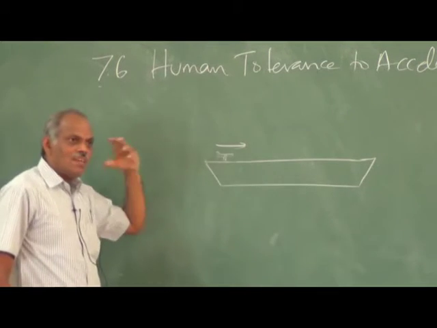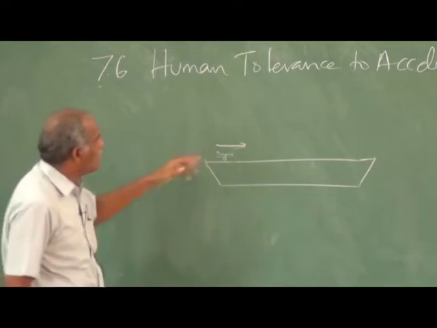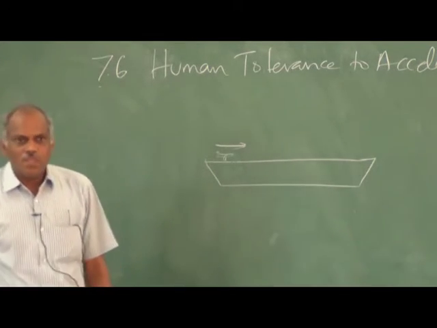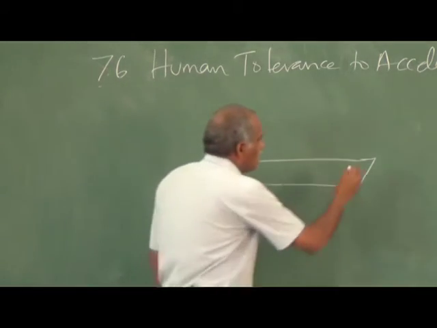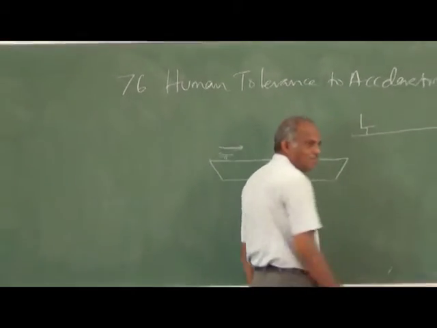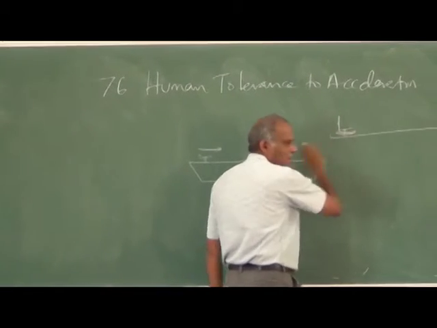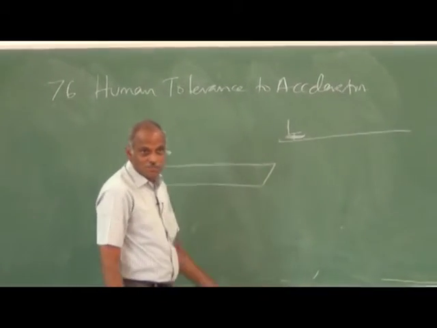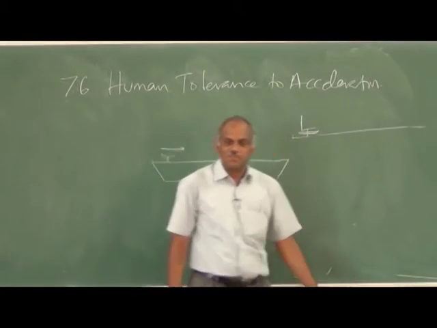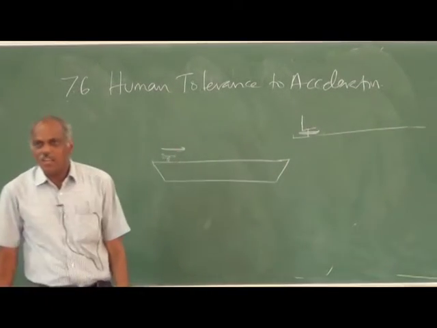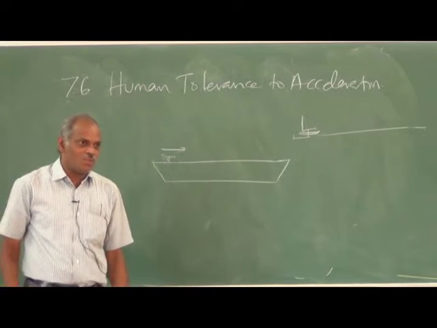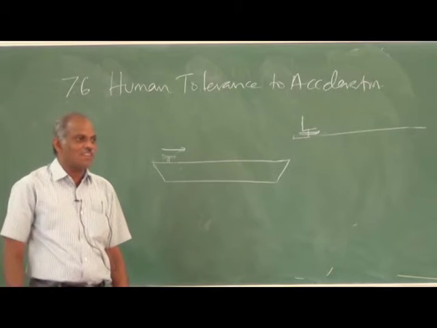So, what is the limit of human tolerance for acceleration? They conducted a series of tests. One of the tests, a very crude form, is that they tie somebody in a chair and fix rockets to it, and fire these rockets so it will take the person along. Later they found a gentler way of doing this, without putting a person on a chair and firing a rocket.